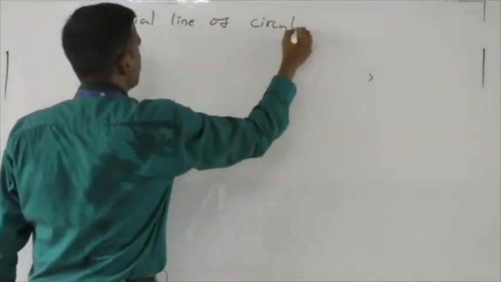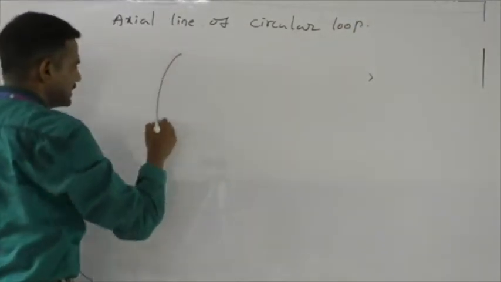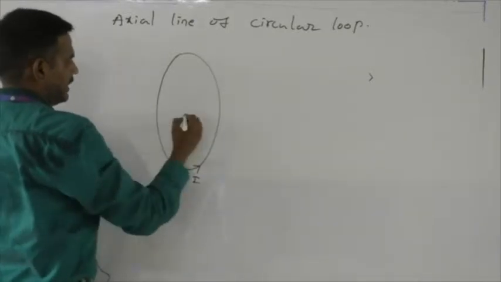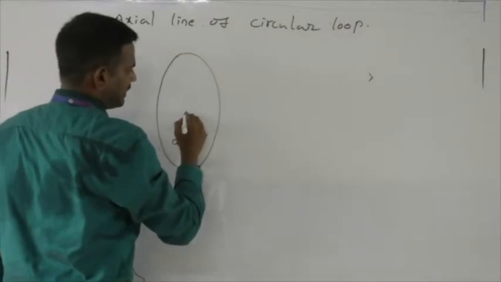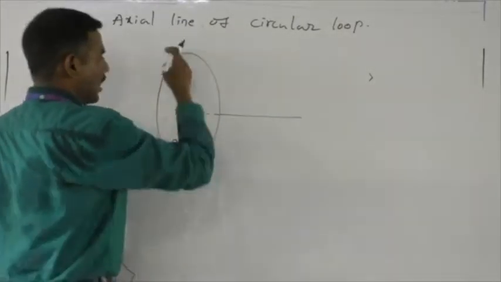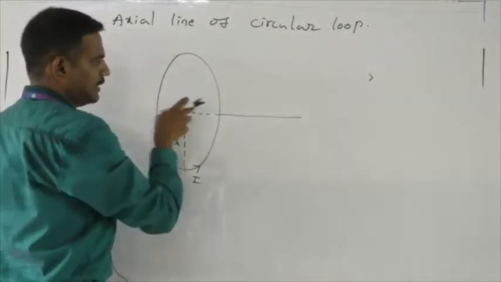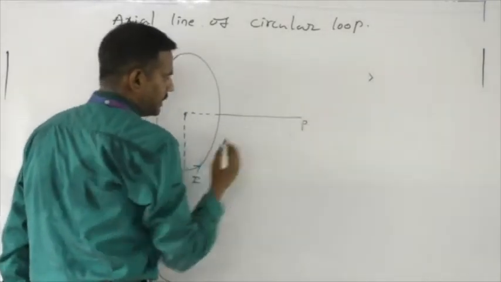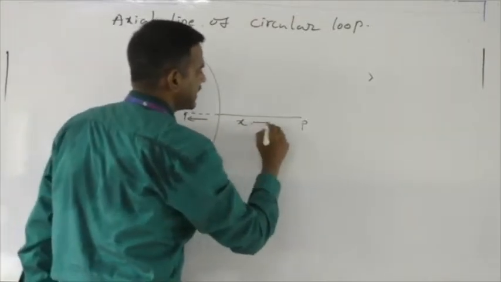Here I am assuming this is a circular loop which is carrying the current I like this, and it has a radius equal to a, and from the center there is one axis going through, normal to the plane of the loop. This is the axial line, and there is one point P here which is at a distance of x away from the center.